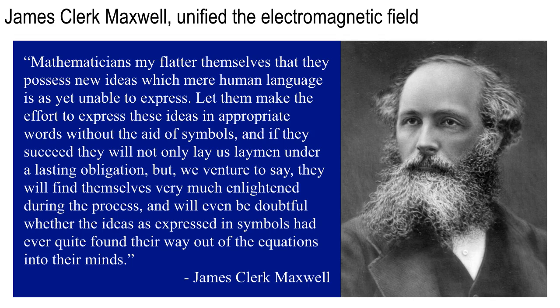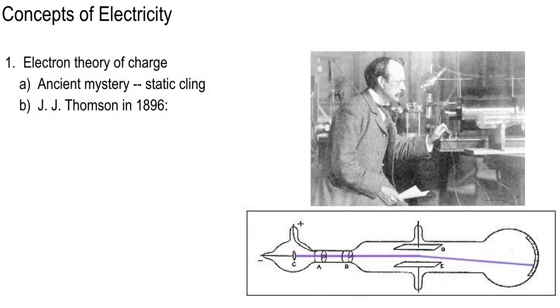Now, soon after Maxwell came J.J. Thompson. And in 1896, he made a very famous experiment with the mysterious cathode ray. A cathode and an anode are the fancy terms for the positive and negative pieces of metal in an electric circuit.